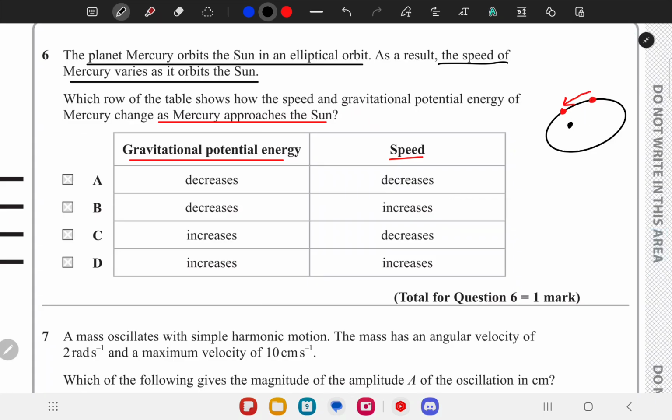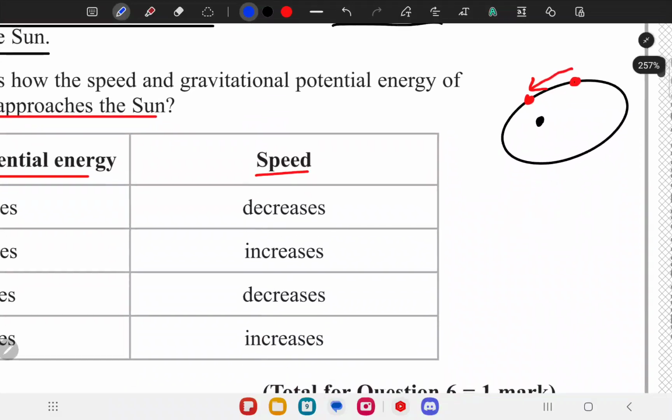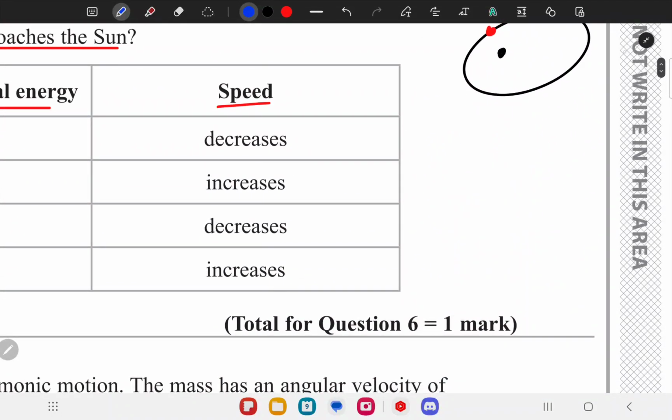As Mercury gets closer to the Sun, its gravitational potential energy will decrease, since its value of delta H will change. If we get more technical, we can write that the GPE is minus GMm by R1, minus GMm by R2.